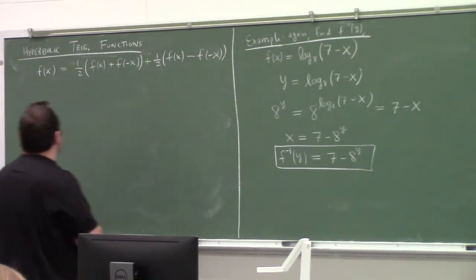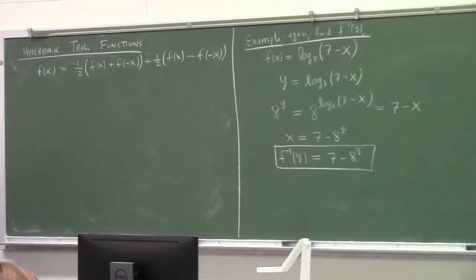Does that make sense or does it not? What do I need to know to make sense of that formula? One thing is 1/2 plus 1/2 is 1. I think we can all agree with that. And I've also added 0, because I've added and subtracted f of minus x over 2. So this is an identity, but we do need something else. We need that both x and minus x are in the domain of f.